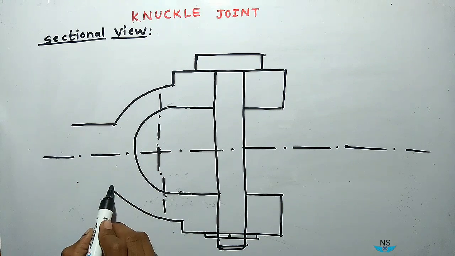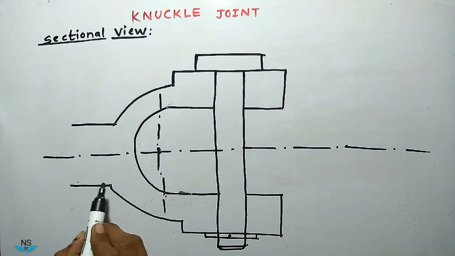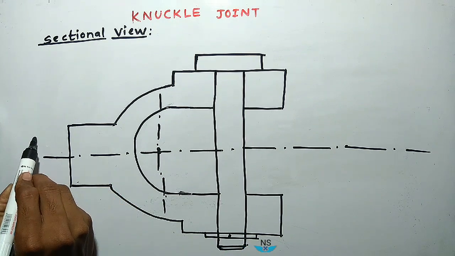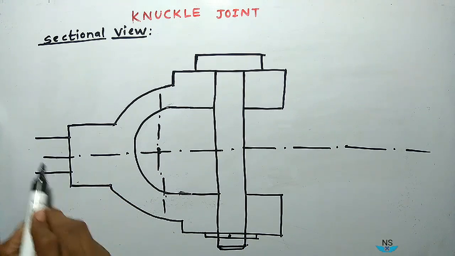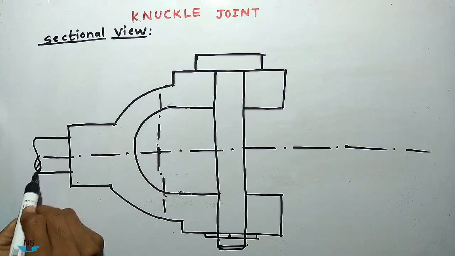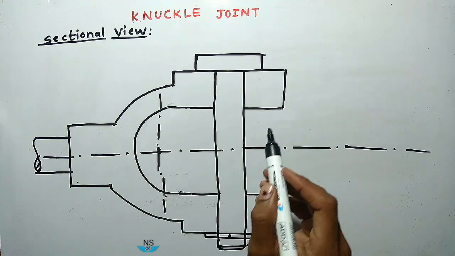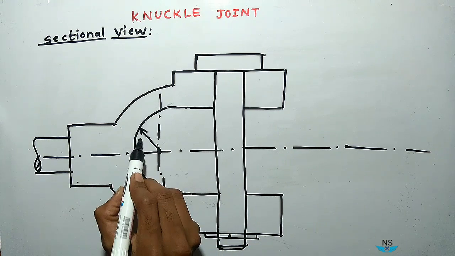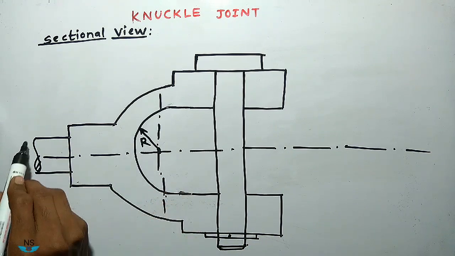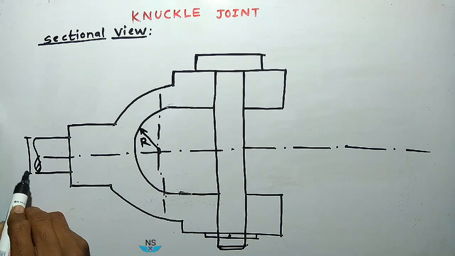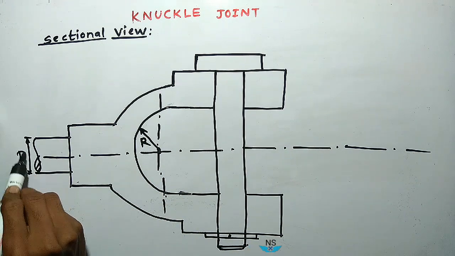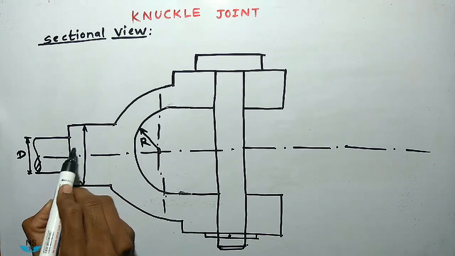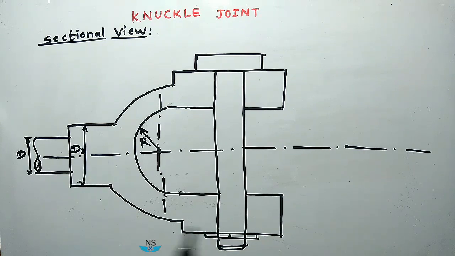This is the enlarged dimension, that is D1, and this is the rod which has diameter D. Now this is the radius R. The diameter of the rod is capital D. This enlarged dimension is D1.